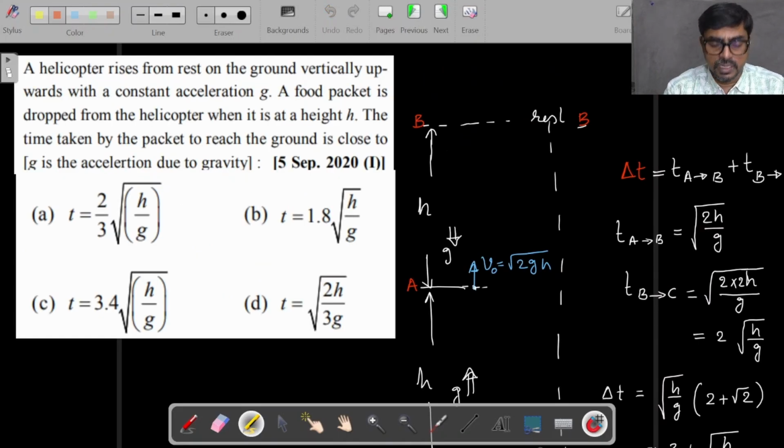A helicopter rises from rest on the ground vertically upwards with a constant acceleration g. Okay. A food packet is dropped from the helicopter when it is at a height h. The time taken by the packet to reach the ground is close to. Okay. How much is the time taken for it to reach there?